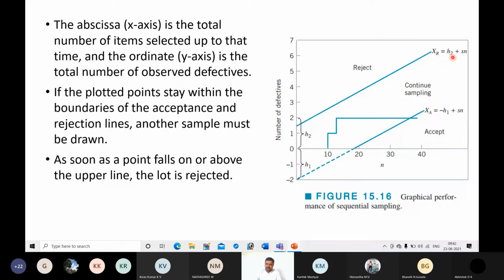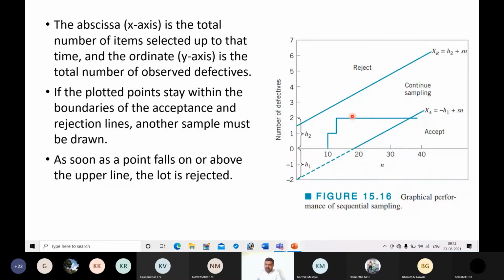Suppose, based on the sample size and number of defectives, you plot points. If these points lie between the rejection line and the acceptance line, sampling will be continued. This is the region above the acceptance line and below the rejection line, a point where you cannot make a decision whether to accept or reject the lot.